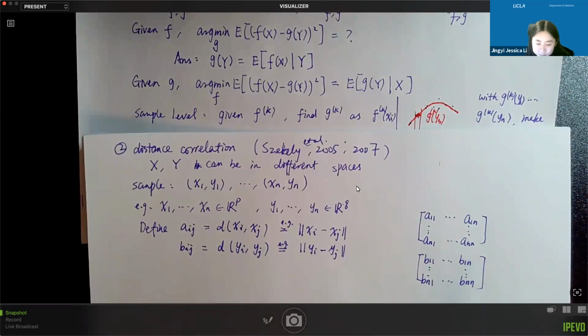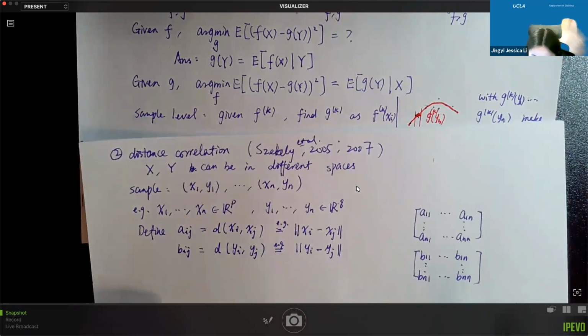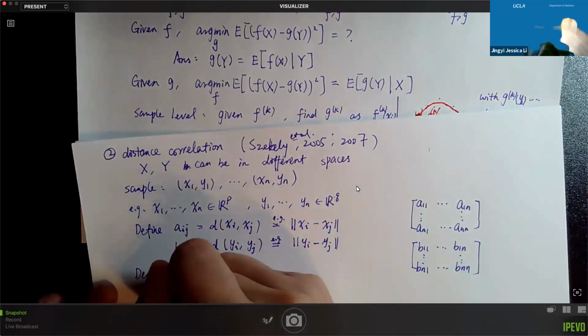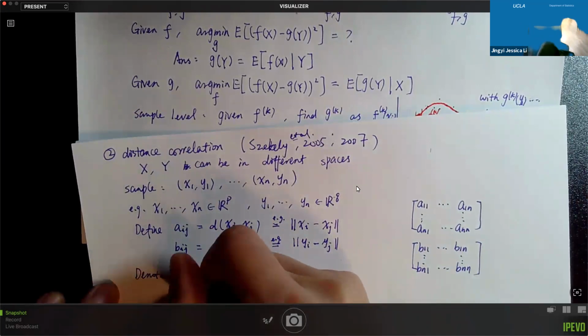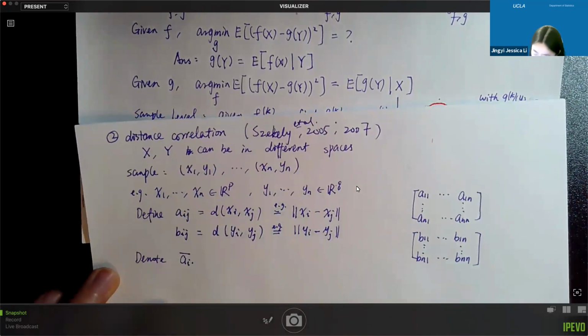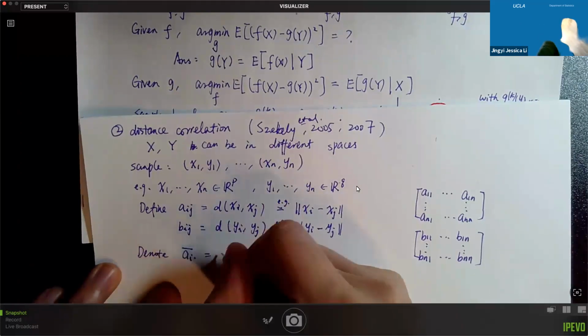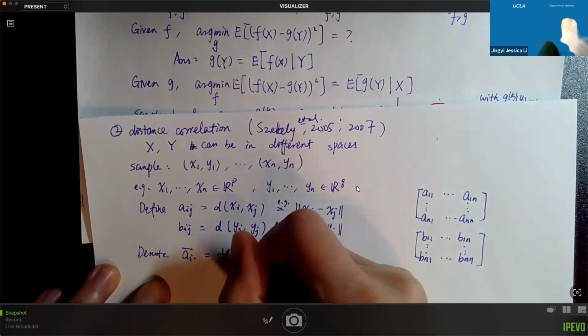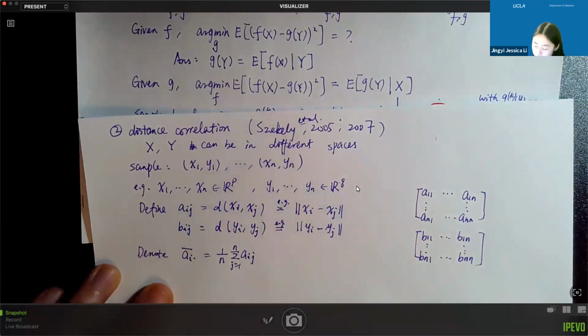To put it in a formula, I denote Ai dot bar as the average of row i. It's just 1 over n, summation of aij, j from 1 to n. I take the n values in row i and take the average.